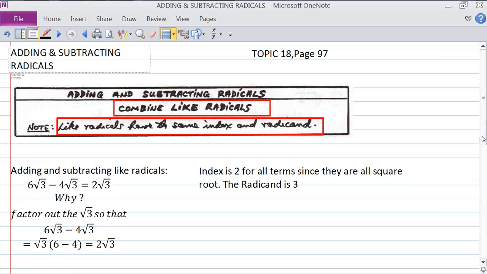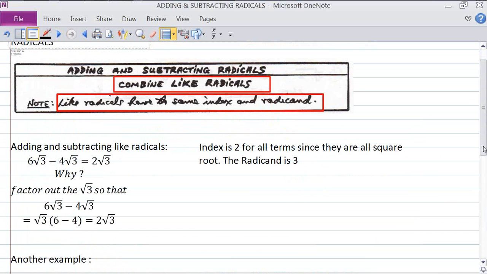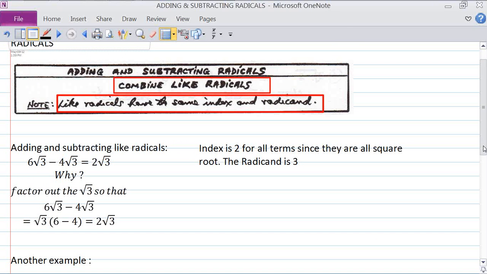Okay, adding and subtracting like radicals. We've seen how we can multiply like radicals, but what about adding and subtracting? Here we have 6 root 3 minus 4 root 3, and that equals 2 root 3. Why? Well, we can factor out the root 3 term.